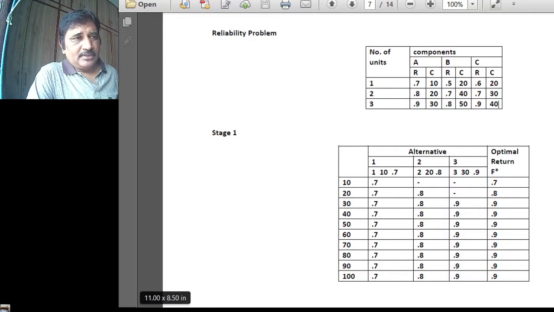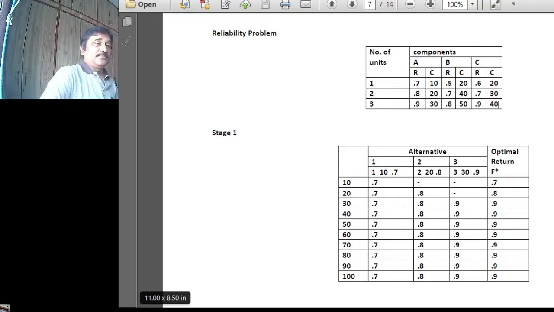Only item A, and it is implied that one unit must be there of any component in the circuit. Otherwise, if the unit of any particular component, may it be A or B or C, is not present or is present in zero number, then that circuit will not work. So now our stage is for component A.